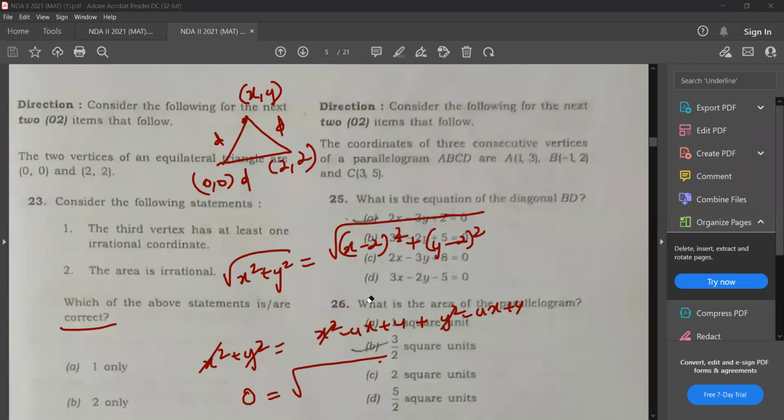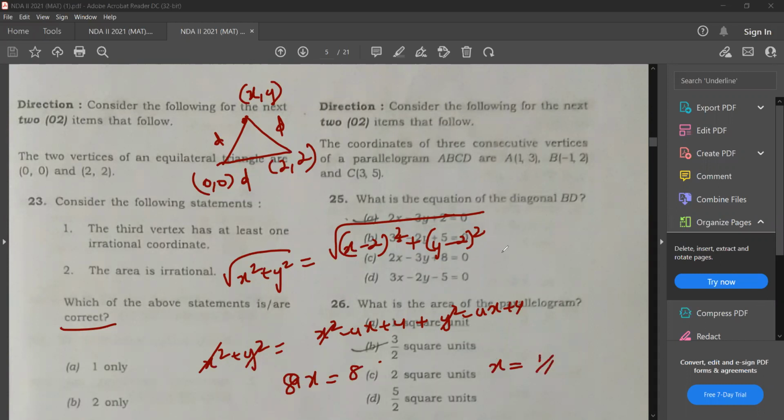First remove this root and see. This is an equilateral triangle, isn't it? So you will get 0 is equal to, you will get 4x is equal to AC. See here, if I take this, 8x is equal to 8. So x you will get as 1.